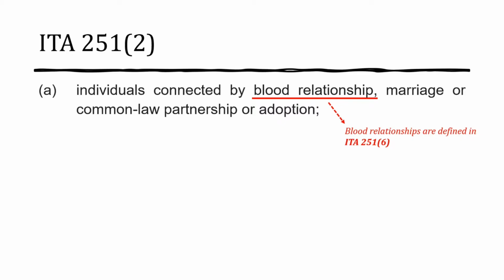Continuing on with what we're looking at on this screen, ITA 251 subsection 2. We've covered paragraph A, which is saying related persons include blood relationships, or if they're connected by marriage, common-law partnership or adoption. But there are other paragraphs we need to look at, like paragraph B, for example.